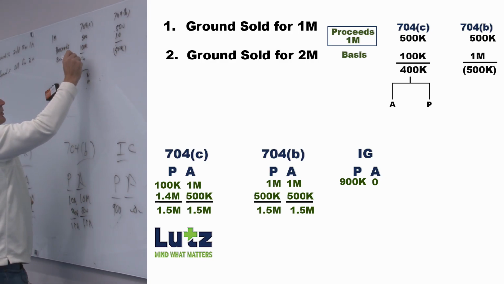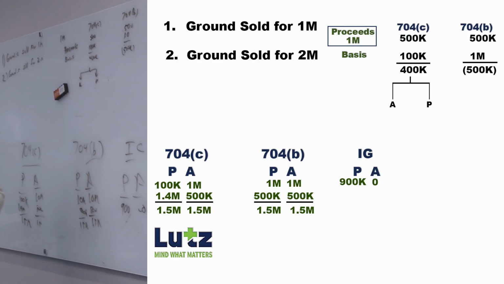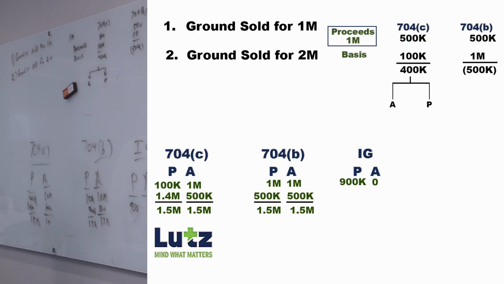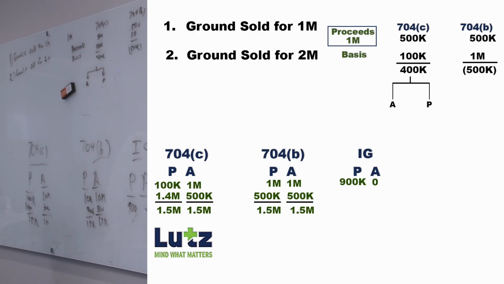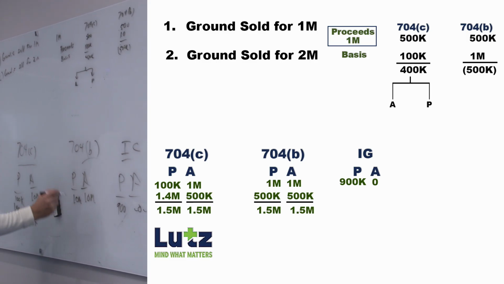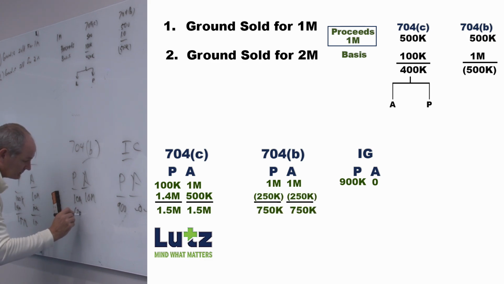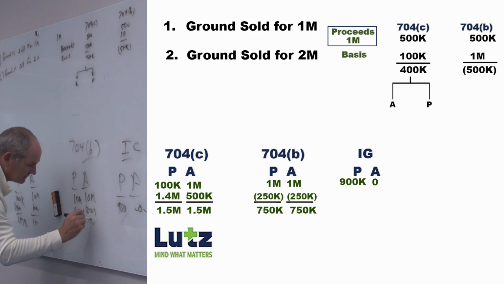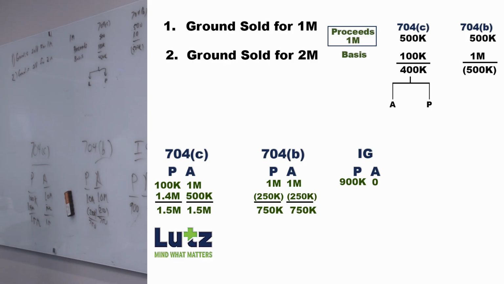Yep. And we have 400K income, correct? Oh, Jesus Christ, what do we do with this? Honestly, we have negative 250, right, Brett? Yep. Negative 250, 750, 750. And it should equalize out.